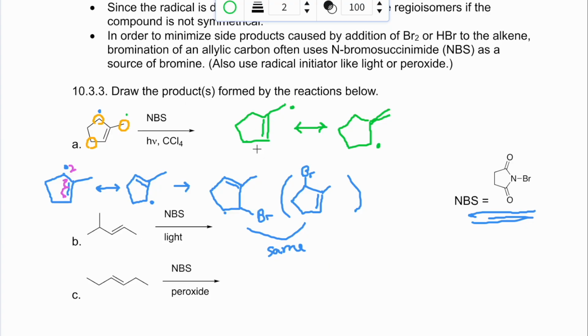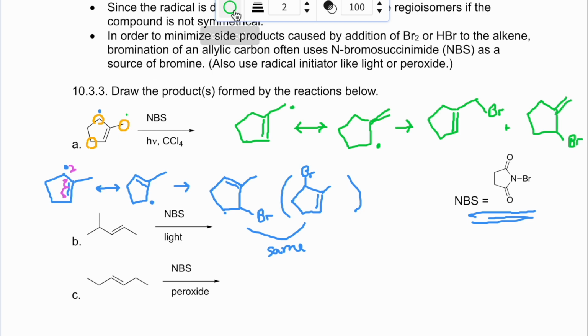So they're just sort of spread out over those 3 carbons. Each of these carbons kind of has 1 electron that belongs to it. So when this radical reacts, you can get both the bromine on the primary carbon like that, and you can get the bromine on the secondary carbon like this.